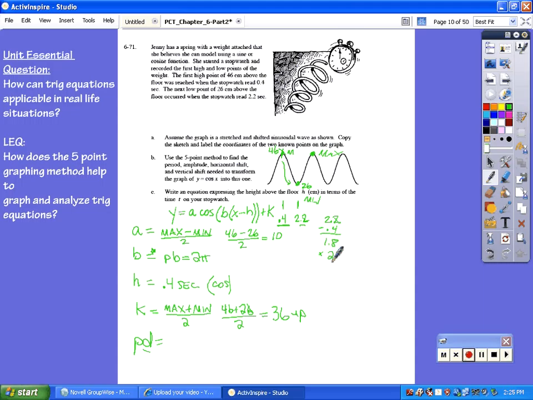And if we double that, because that's a half a period, then we'll get 3.6 seconds for our period. So if the period is 3.6 seconds, that means the weight on that spring bounces up and down every 3.6 seconds. So once you know the period, then you can find the frequency by plugging that in.